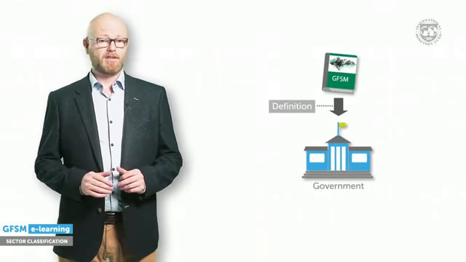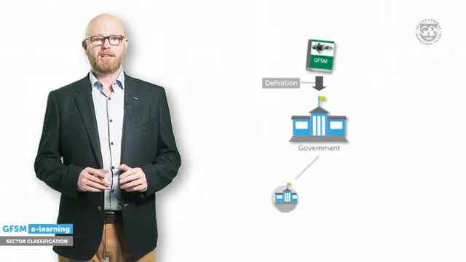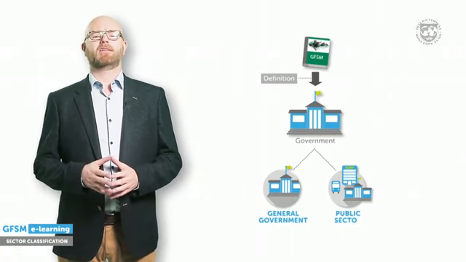Clearly defining the boundaries of a government is not always a straightforward exercise, yet the decision to include or exclude individual entities can have a significant impact on key fiscal measures, such as the deficit or surplus or the debt level. I'll now explain how GFSM defines two fiscally relevant reporting sectors, the general government sector and the public sector.